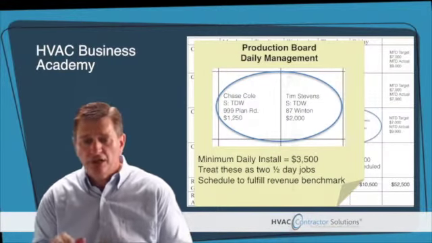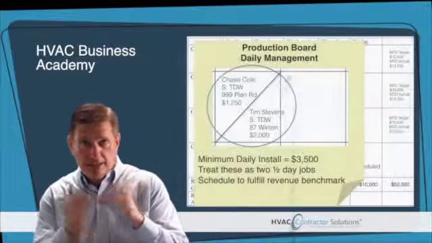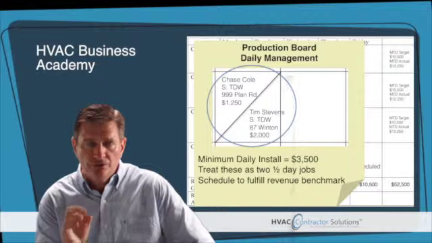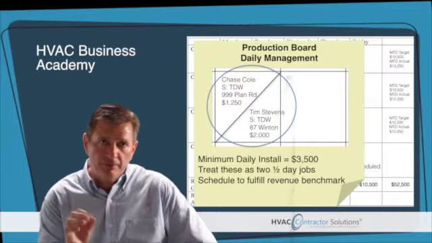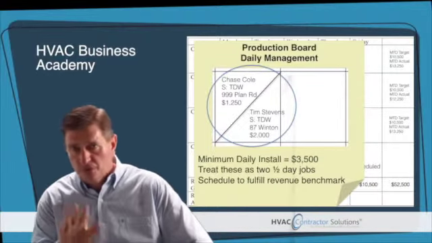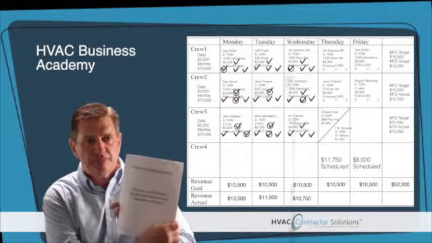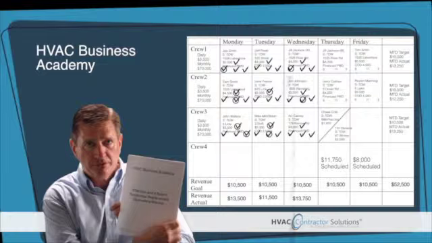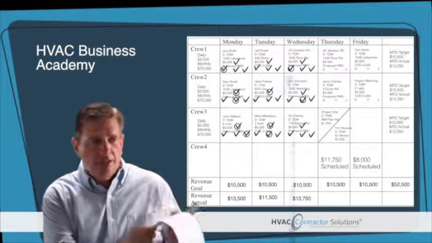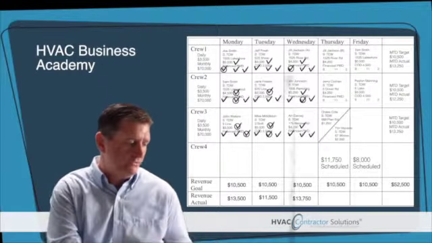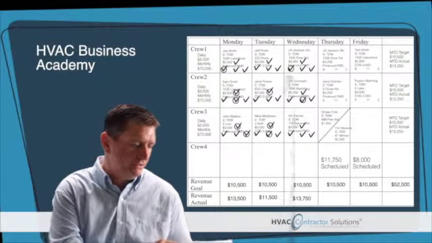The better thing to do here is to split those jobs right there. Here's the morning job, here's the afternoon job. Manage the schedule to meet or exceed the minimum installed revenue per day. This board will give you visibility and help you do that. As you pick up your HVAC Academy Operational Effectiveness Workbook, the last few pages of this will give you some things to look into.